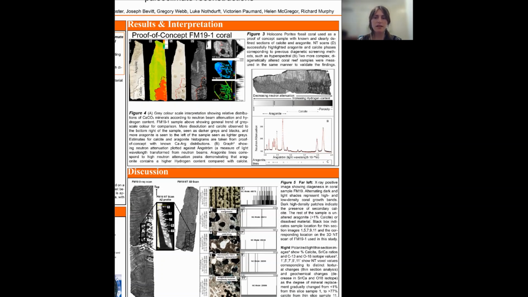And based on these findings, we extracted the neutron voxel values, which are the pixel values in 3D, which represents the neutron attenuation and the hydrogen content. And so we have created a preliminary grayscale interpretation that you see here in figure 4.